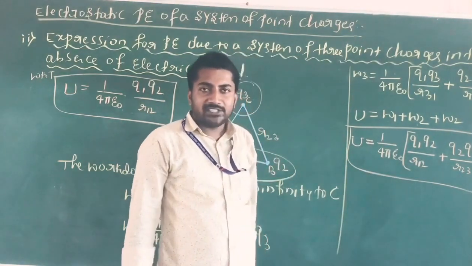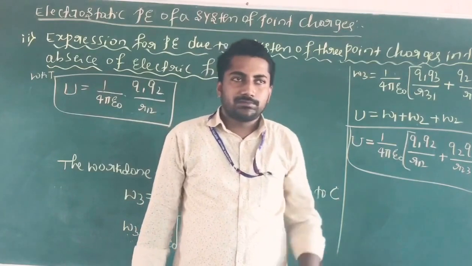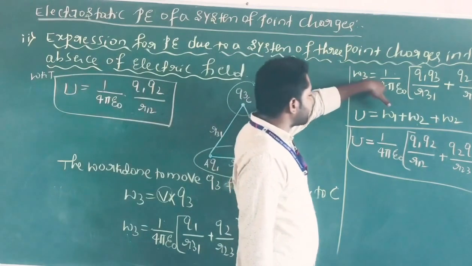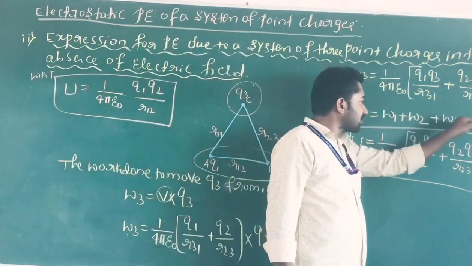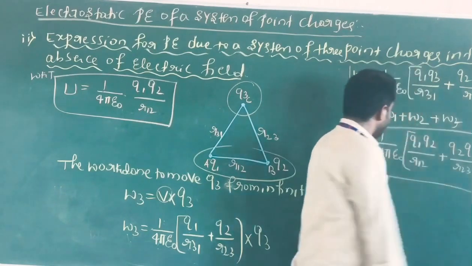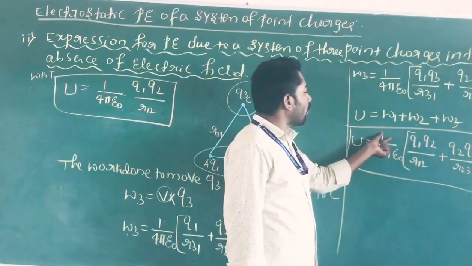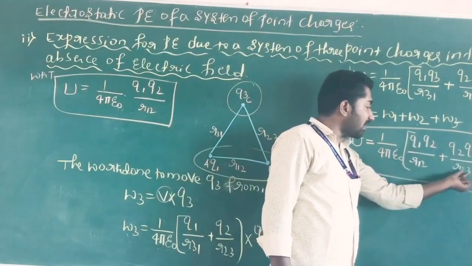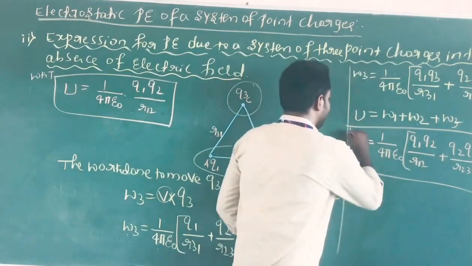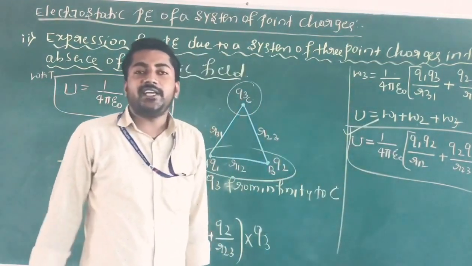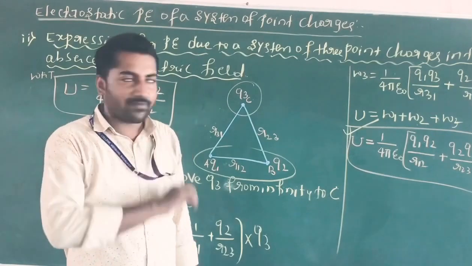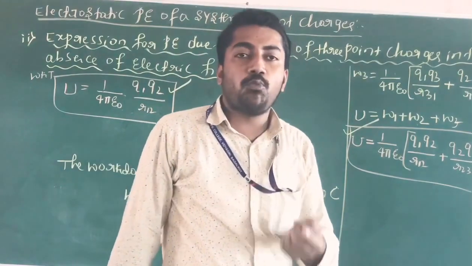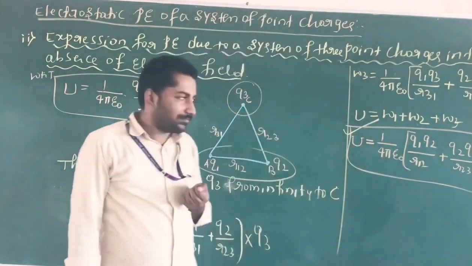When we add the potential energy of the system of 2-point charges and the work done at point C, that is U is equal to W1 plus W2 plus W3, we get the equation U is equal to 1 divided by 4 pi epsilon naught, Q1 Q2 divided by R12 plus Q2 Q3 divided by R23 plus Q1 Q3 divided by R31, which is the expression for potential energy due to the system of 3-point charges in the absence of electric field.